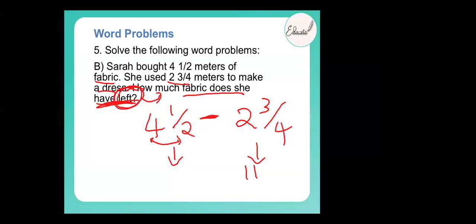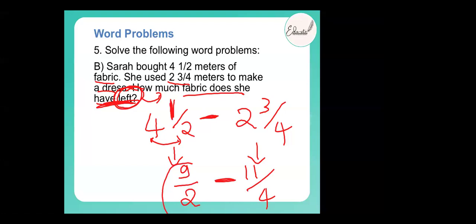And then 11 over 4. Then for the other one, we do 2 times 4, which is 8. Plus 1 is 9. 9 over 2 minus 11 over 4, right?